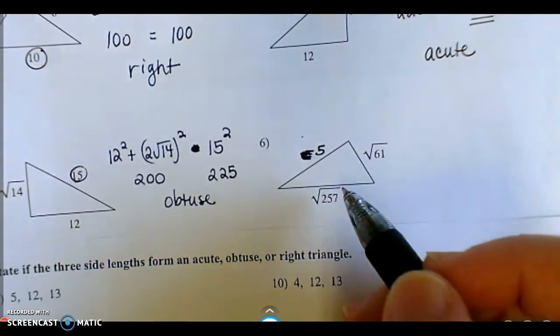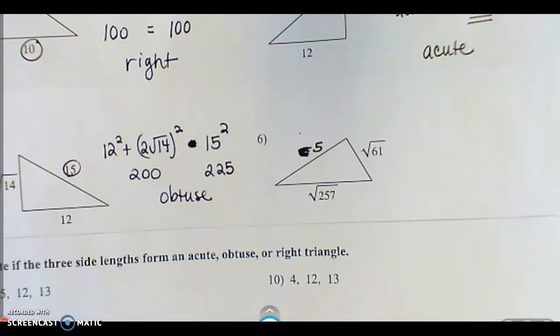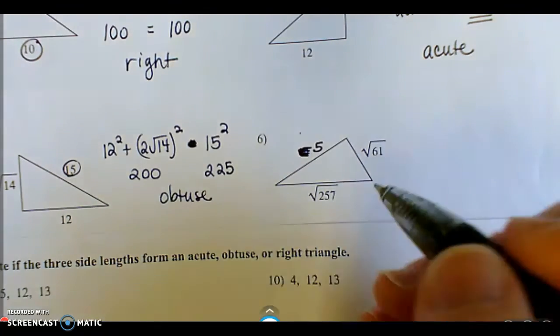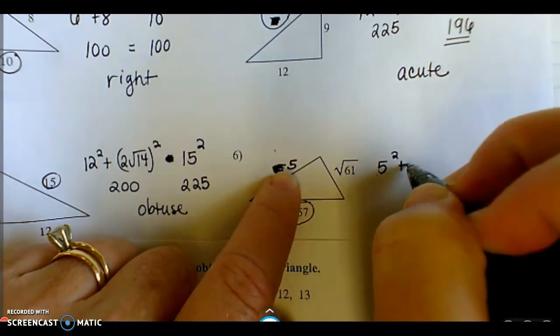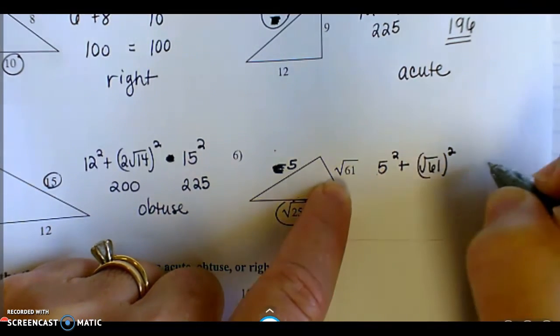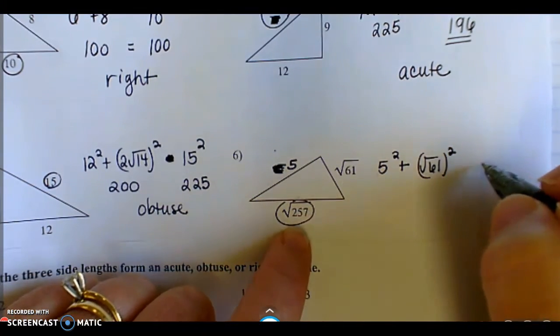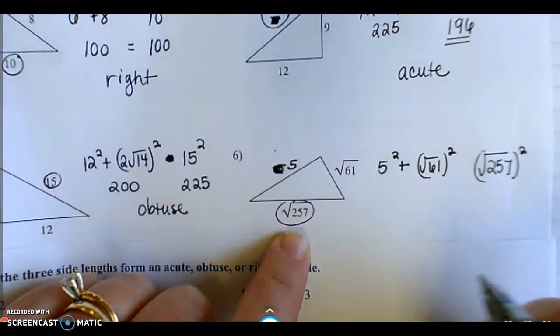Okay, and let's do this one. Square root of 257 is 16 something. Square root of 61 is 7. This is the bigger side. So we're going to say 5 squared plus square root 61 squared. And then we're going to try to figure out square root of 257 squared.